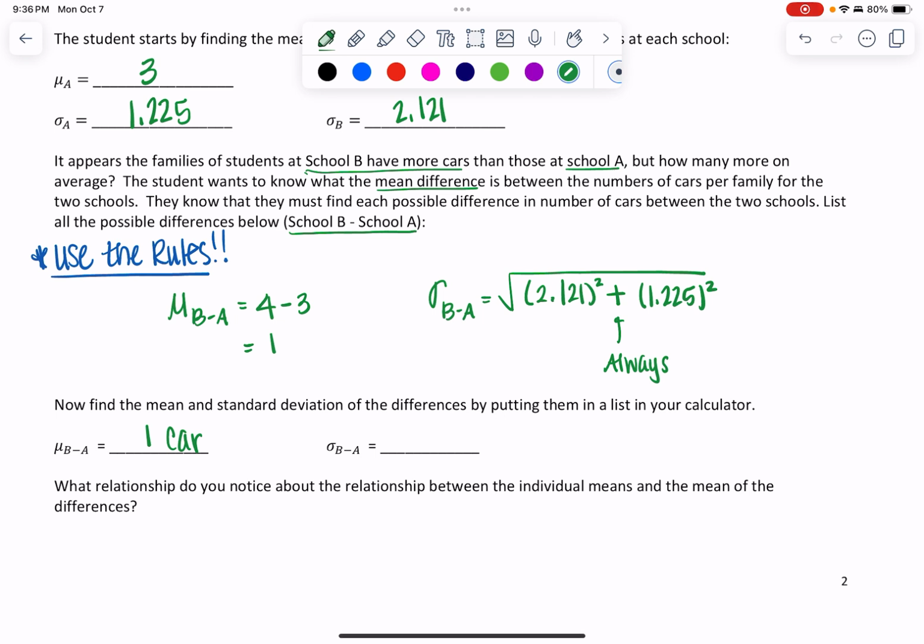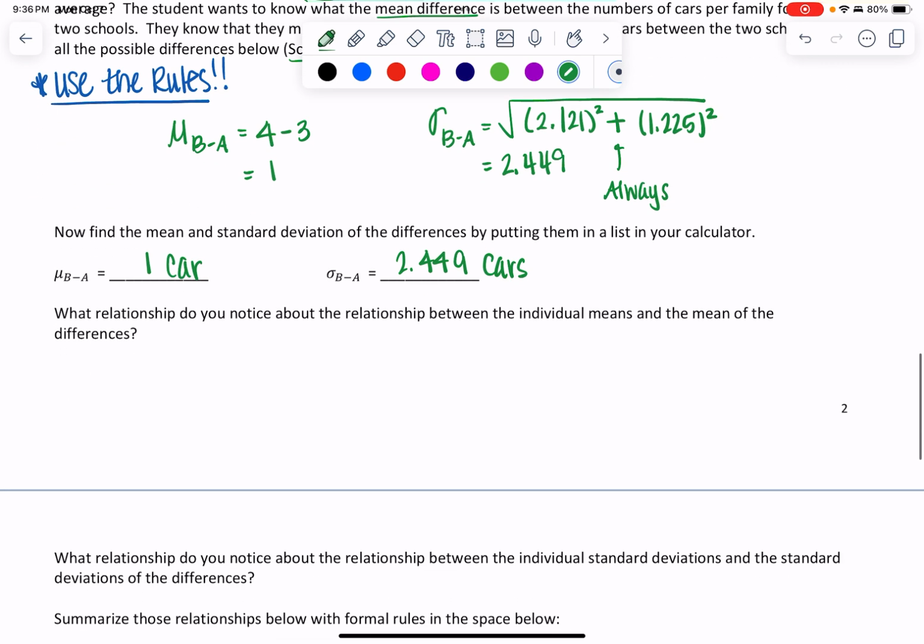So let's do the math on that. And we get 2.449 cars. What relationship do you notice?